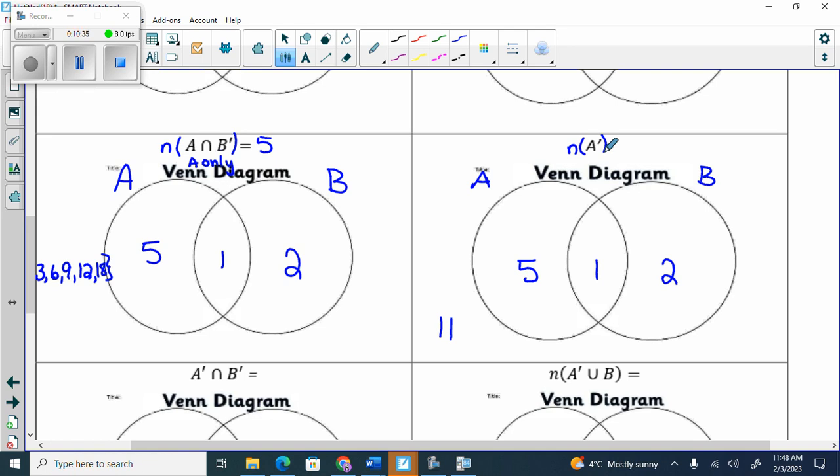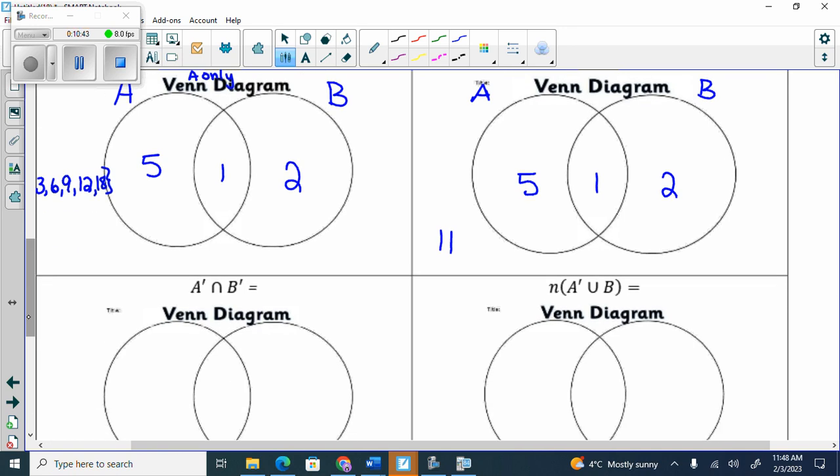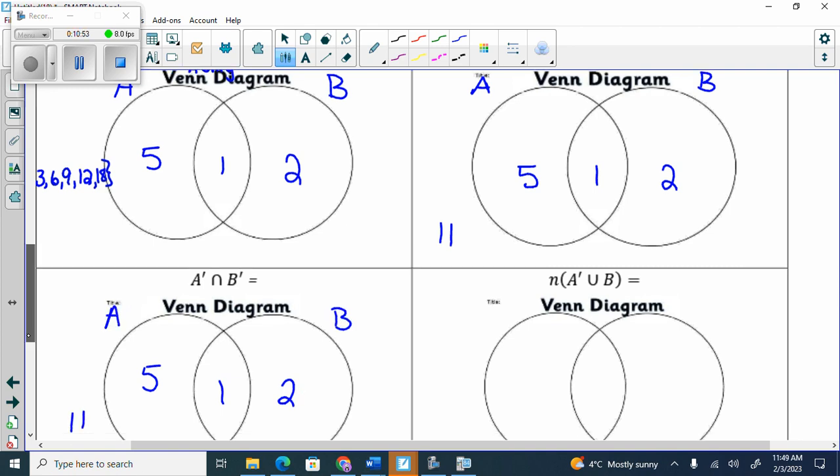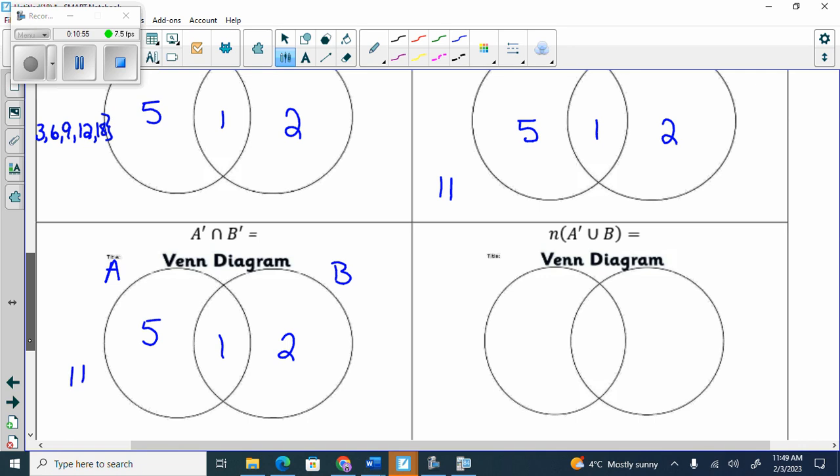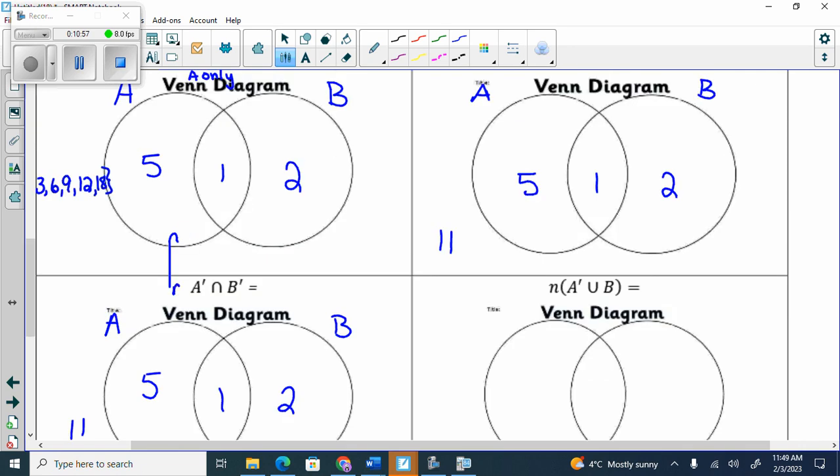How many are not in A? 11 and 2, 13. So here I have 5, 1, 2, 11, A, B. So we'll put an N in front of this for ease.